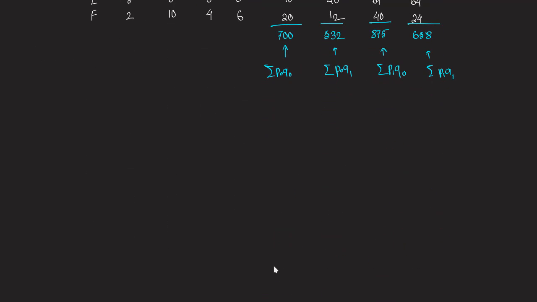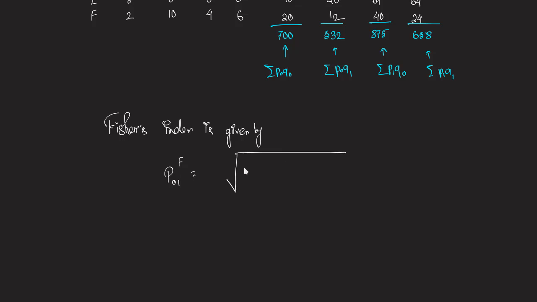So now we have to calculate Fisher's index. The formula for Fisher's index is given by P01F is equal to root over summation P1 Q0 by summation P0 Q0 into summation P1 Q1 by summation P0 Q1 into 100.